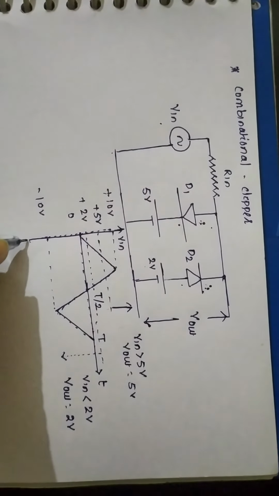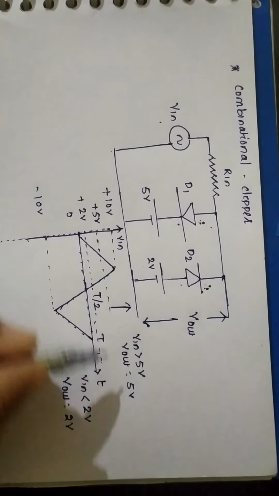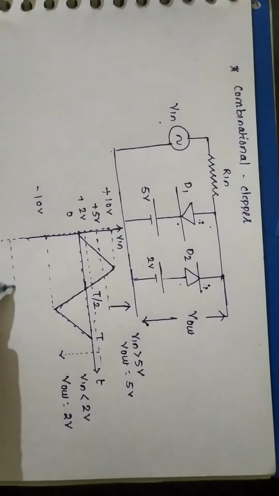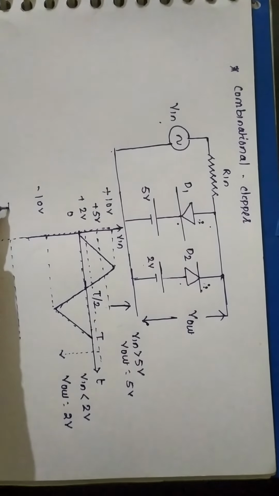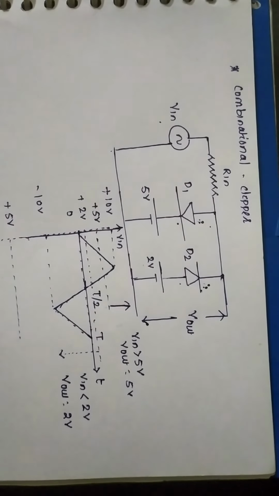So to draw the output waveform, we have to draw a horizontal line of plus 5 volt, another horizontal line of plus 2 volt.